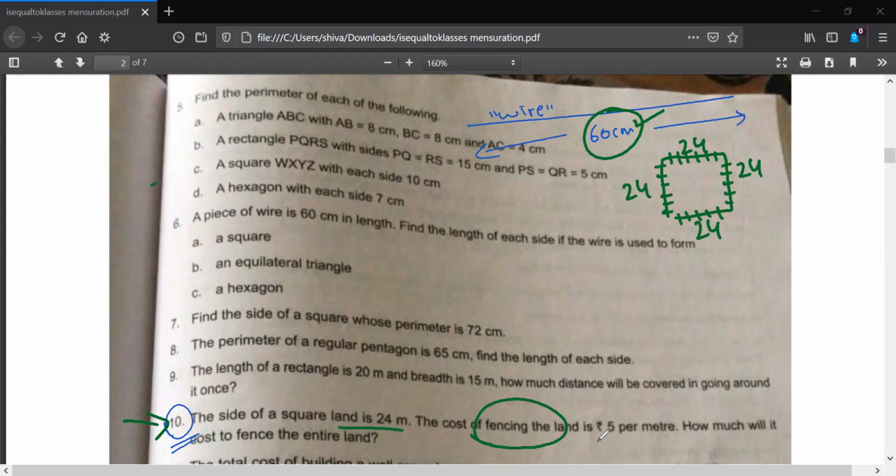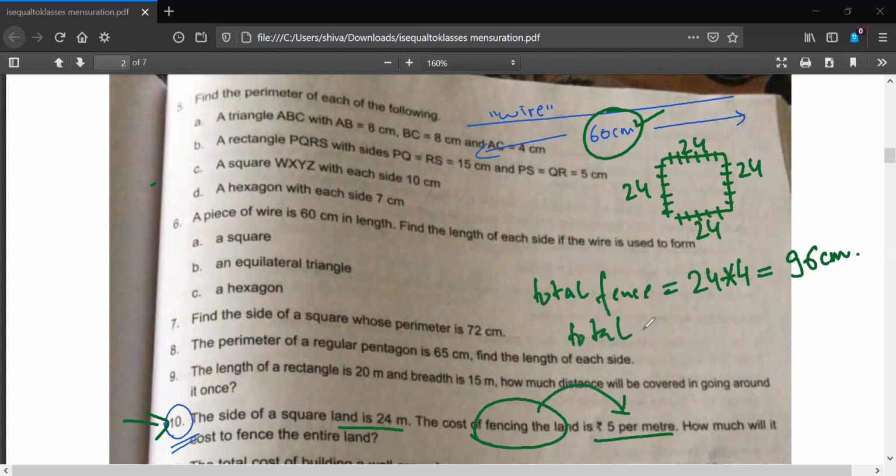Now this fencing is rupees 5 per meter. The total fence that you require is 24 into 4, 96 meters. And the cost of fencing is 5 rupees per meter. Therefore, total cost is 96 into 5. 6 5s are 30, 9 5s are 45, 480. Sorry, rupees 480. Mr. Sarthak, any doubt?